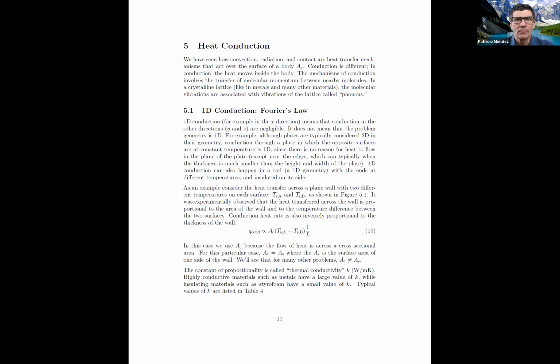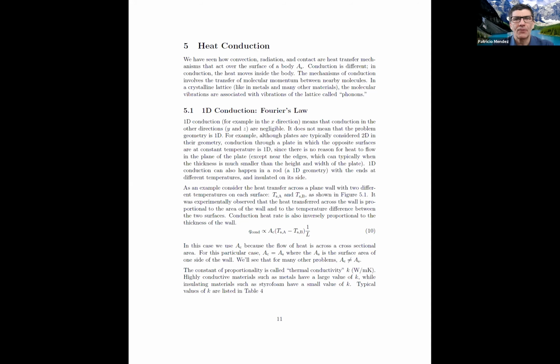We also saw that in the case of radiation, by doing this little trick of expanding the difference of squares, we could come up with an equivalent coefficient of convection, but in reality it was for radiation.